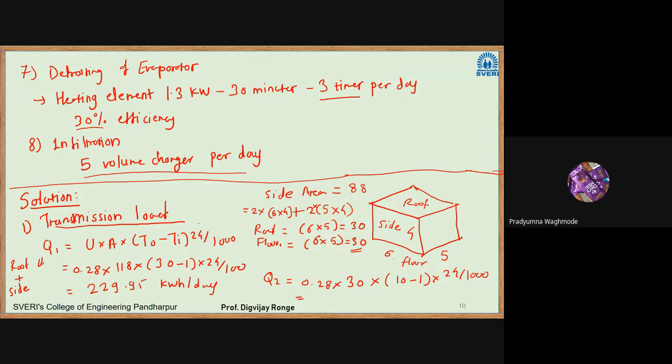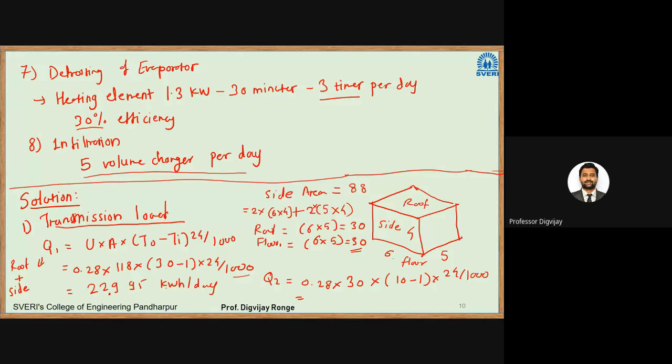That is 24 by 1000 or 24 by 100. 24 by 1000. Sorry, here it is 24 by 1000. So I think that answer will be 22.9. Why am I dividing by 1000 to get kilo? That answer will be in watt hour. In order to convert that into kilowatt hour, I have to divide it by 1000.